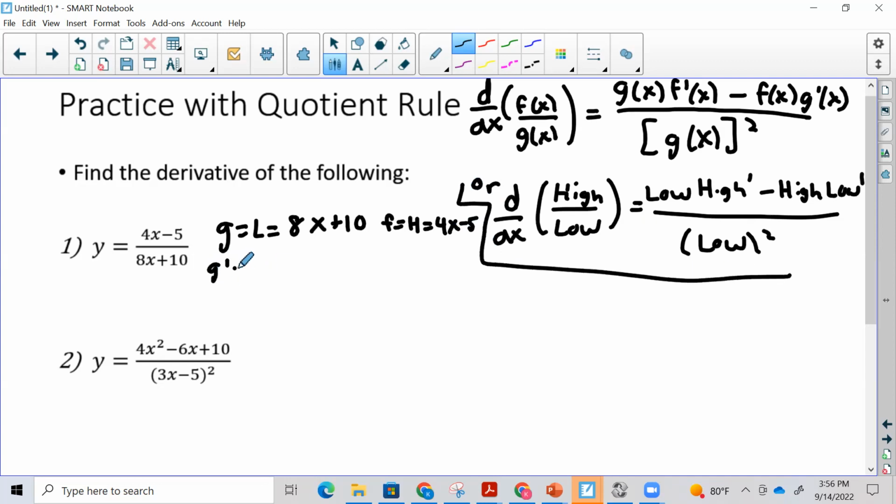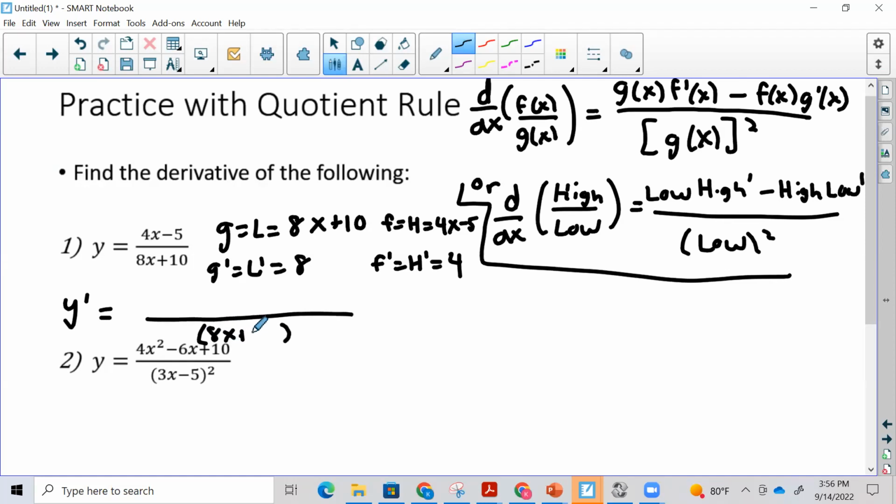When we take the derivative of that bottom function, the low function g, we just get 8. And if we take the derivative of f, the top function or the high, we get 4. Then we put it in this combination. So we write y prime equals, and I often tell students to put the low squared right away because students often forget it.